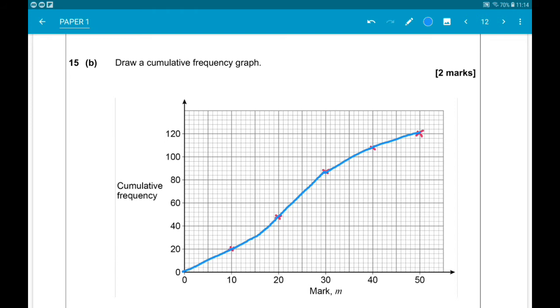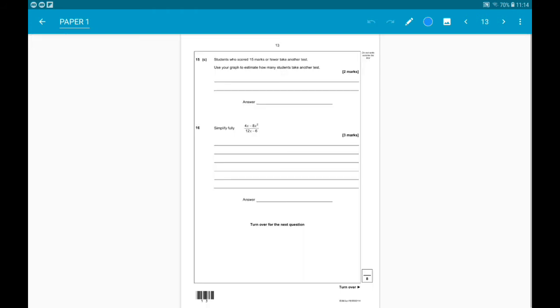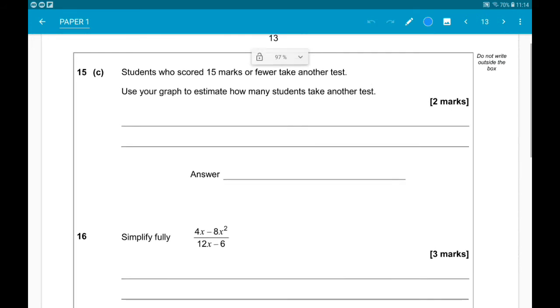Okay, and then part C says students who scored 15 or fewer take another test. Use your graph to estimate the number of students that take another test. Okay.